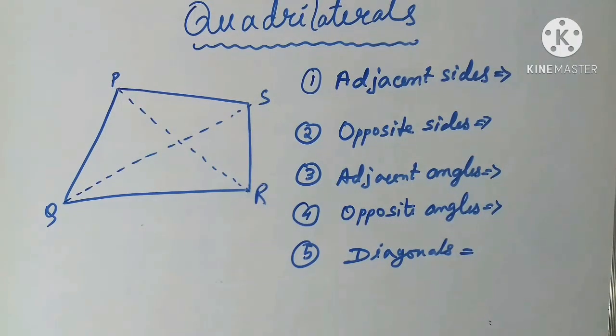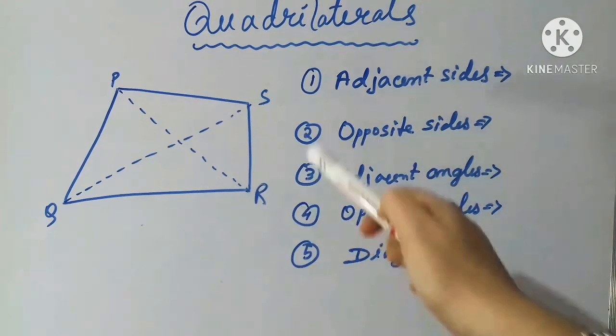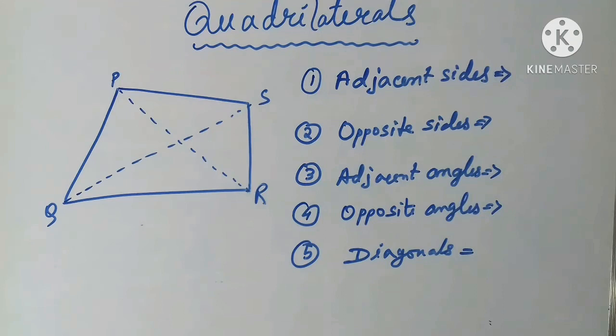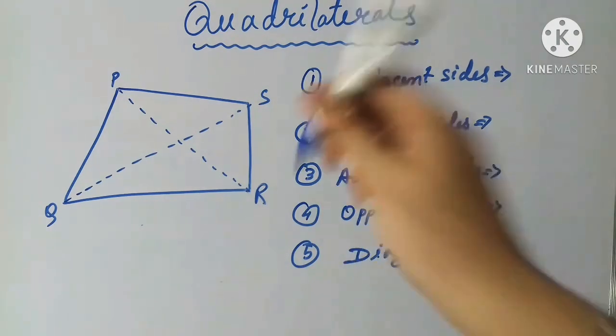Students, today we are going to discuss quadrilaterals. First, let's discuss what a quadrilateral is. A quadrilateral is a closed figure formed by four sides or four line segments. Here I gave a basic structure of a quadrilateral.